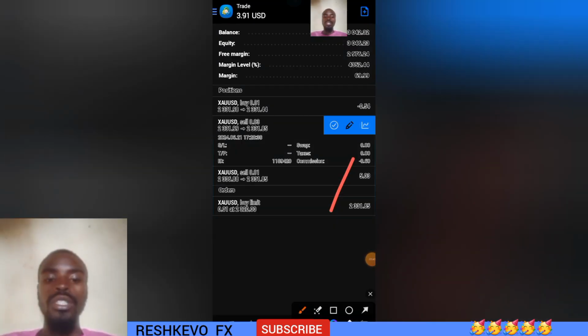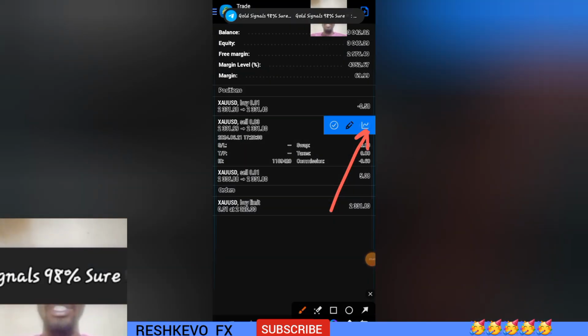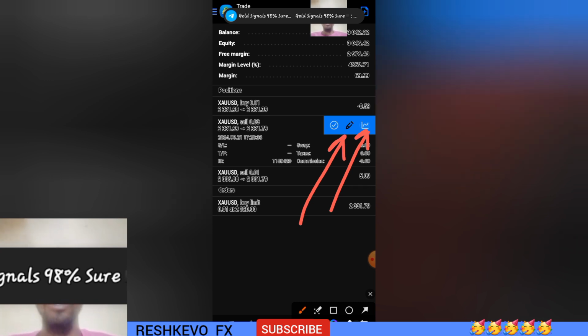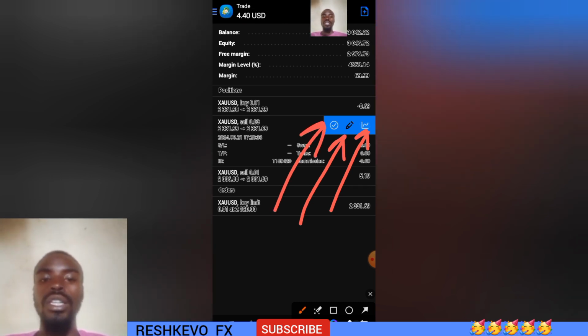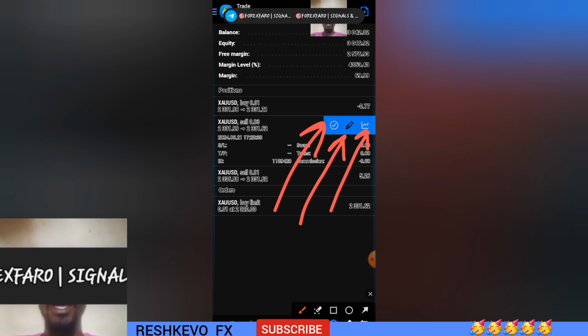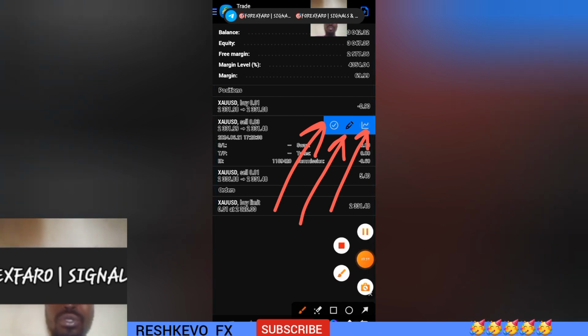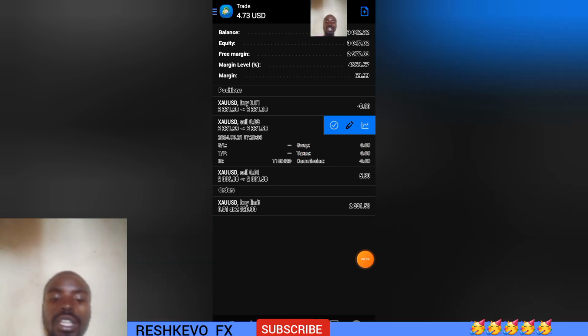This one means the chart, this one means to modify, this one is to close. If you can see that the trade is going against you, you can tap here and close it. You can modify to place the stop loss and the take profit. Here is to show the chart. So I think the point is well understood.